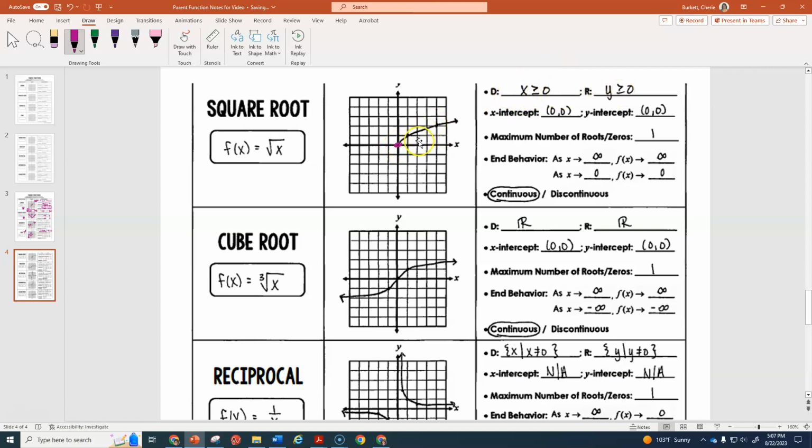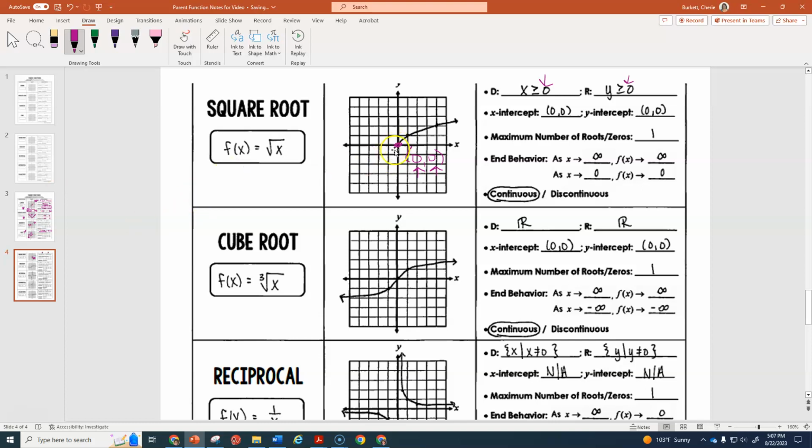The domain and range is not going to be all real numbers because we have a starting point. Wherever that location is, like in this particular case, it is at 0, 0. This is going to tell me what number goes right here in my domain, and this is going to tell me what goes right here in my range.